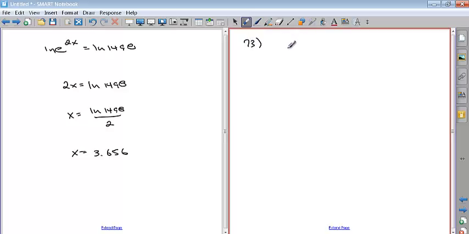So you get e to the 0.09t is equal to 3. So we take the natural log of e to the 0.09t is equal to the natural log of 3. Natural log of e to something is that something.